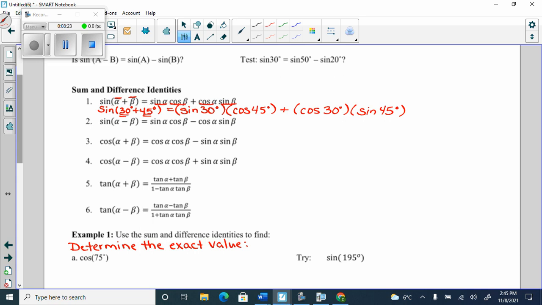Okay? Cos 75. What numbers on my unit circle can get me there? Yeah, 30 and 45. There's actually more. What other ones could I do to get 75? 1 and 74, yes, but not helpful. It has to be numbers off your unit circle.